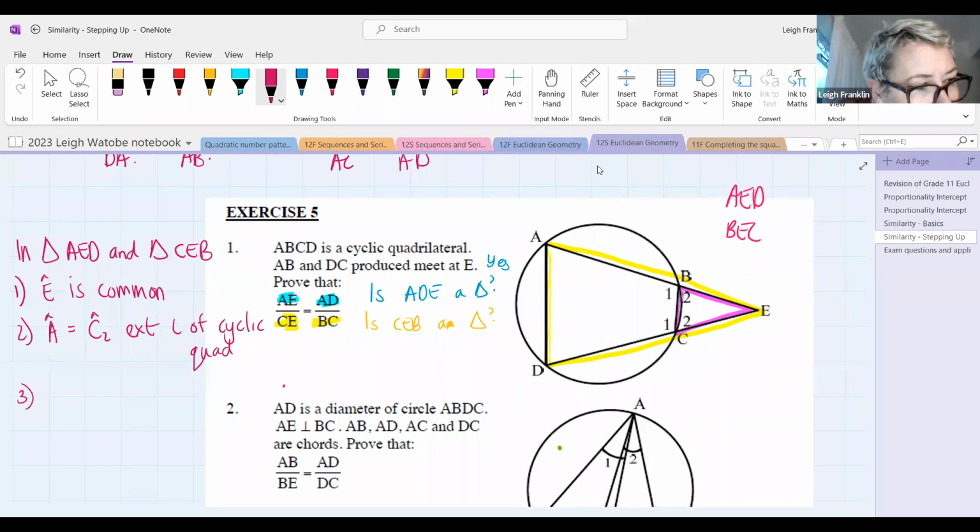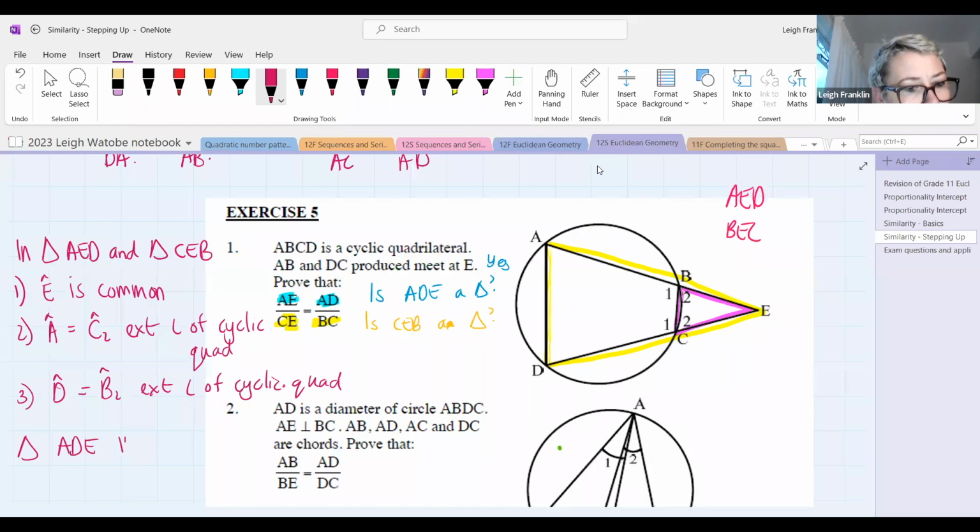I said angle A is equal to C2, which is exterior angle equals opposite interior angle. Lovely. I said angle B is equal to angle B2, which is exterior angle equals opposite interior angle. Lovely. And then I said angle E is equal to E, which is common. Lovely. And then I concluded by saying triangle ADE is congruent to triangle BCE.